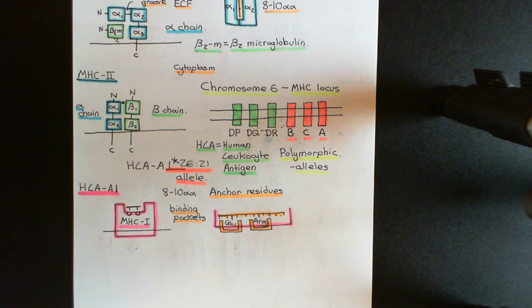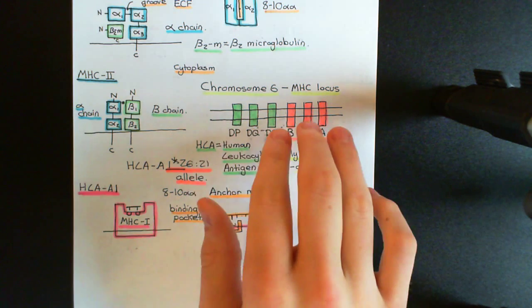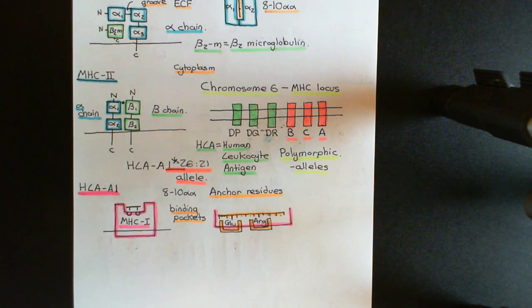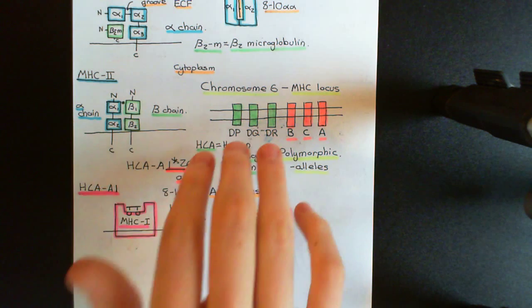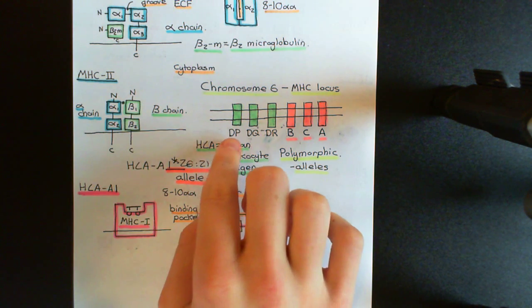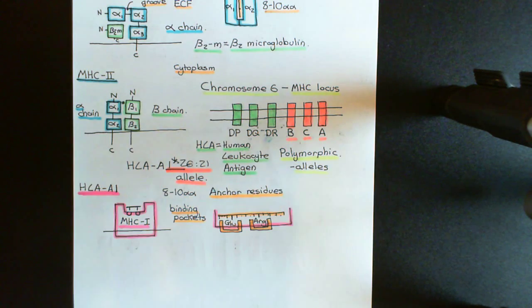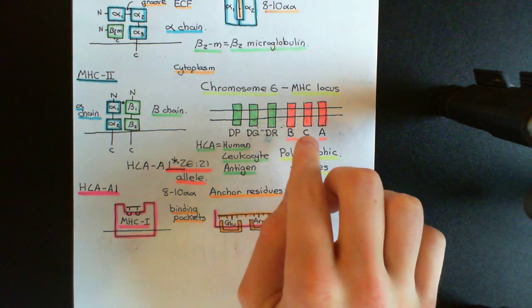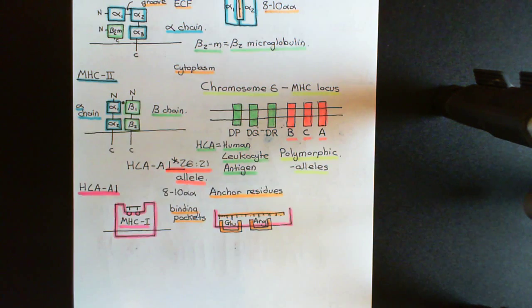3 different regions are important in making MHC class 2 protein complexes, and 3 different regions are important in making MHC class 1 protein complexes. The loci important in making MHC class 2 protein complexes are known as HLA-DP, HLA-DQ, and HLA-DR. The loci important in making MHC class 1 protein complexes are known as HLA-B, HLA-C, HLA-A, as shown here.